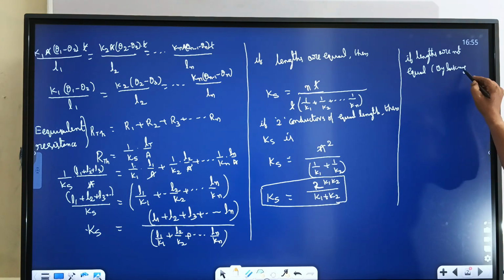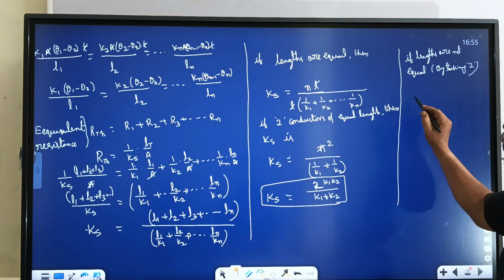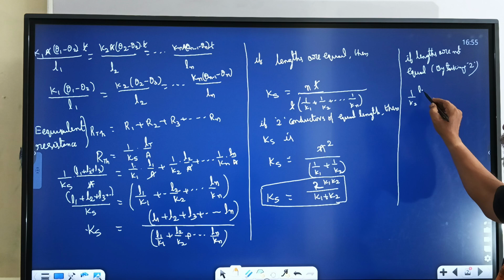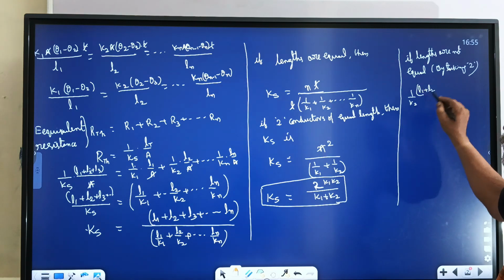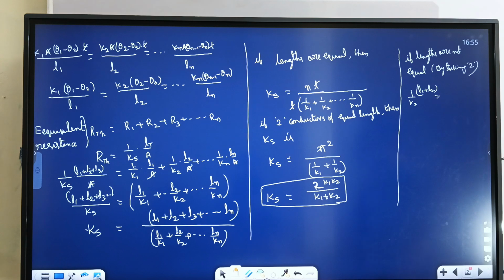Then what are you going to get? 1 by Ks, so L1 plus L2. Area cancels, no need to write again. Then L1 by K1 plus L2 by K2.